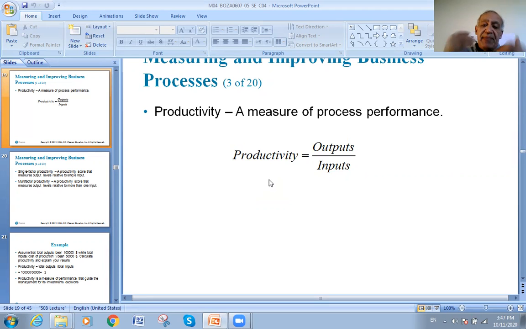So the greater the output of the performance measure, the better the performance.